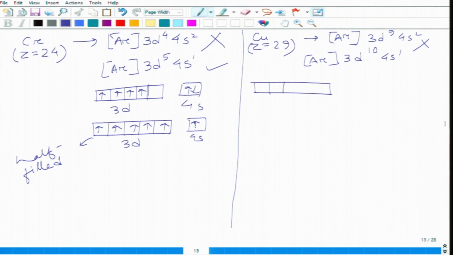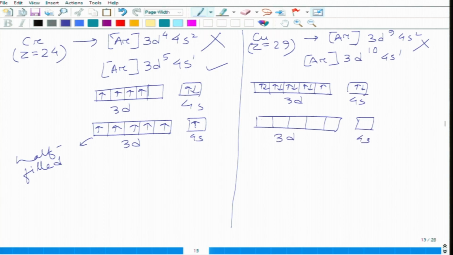So, 5, 6, 7, 8, 9. This should have been the configuration, but it is actually like this. Because this is the fully filled configuration of the d subshell.